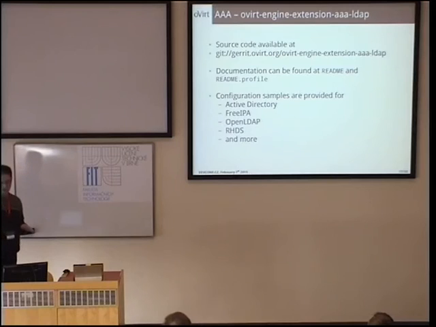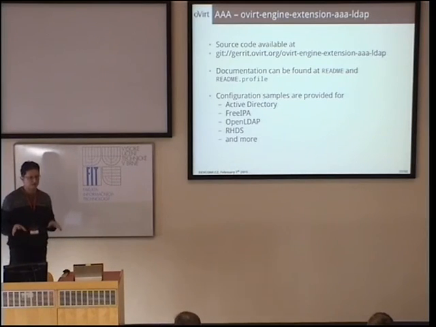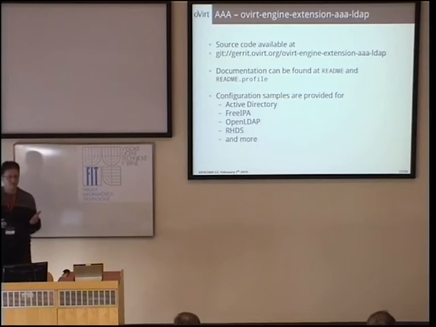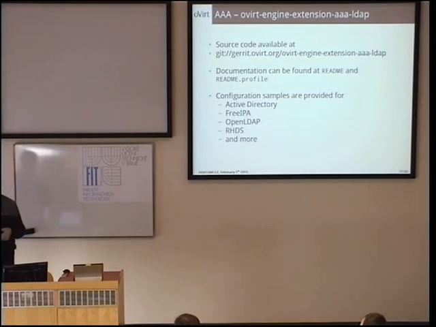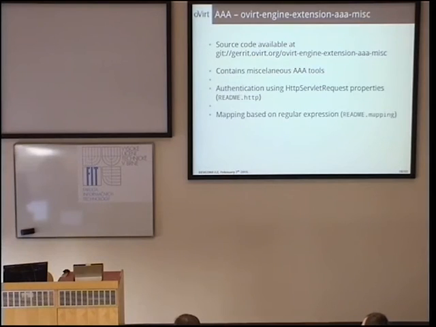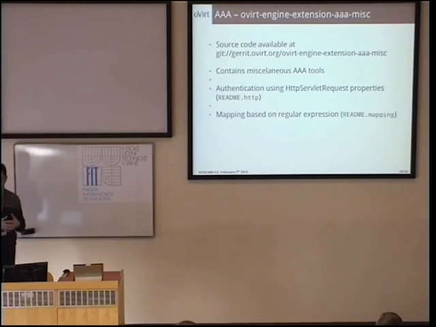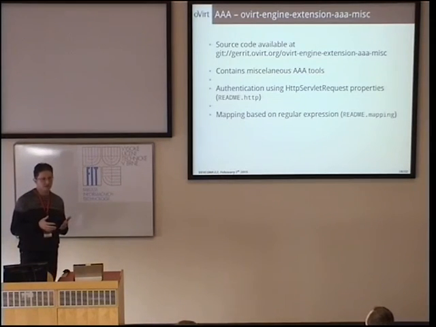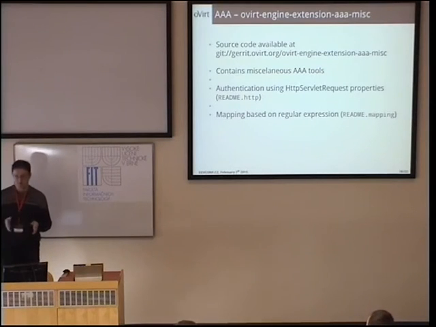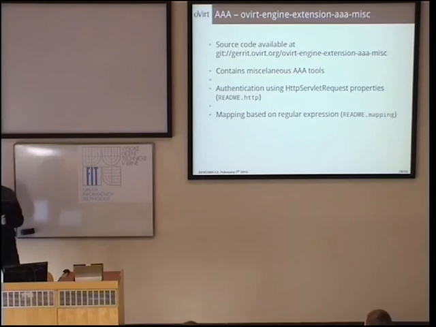I will continue for now, and if we have time, I can show you how this looks like, because it's really a deep dive. Okay, another extension that we will have is called AAA Misc. It contains miscellaneous AAA tools, and for example, it provides authentication that uses HTTP request properties. So, for example, you can set those properties in Apache, and then oVirt will just use them.